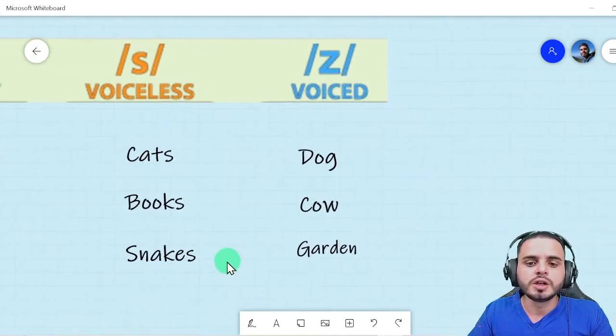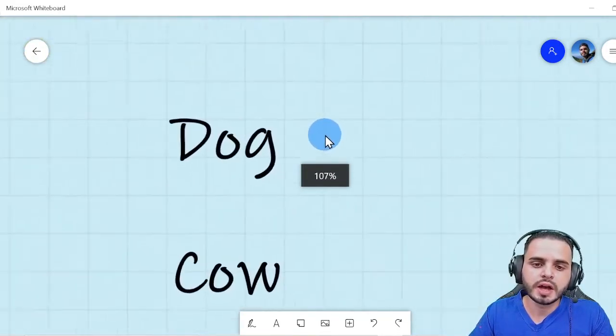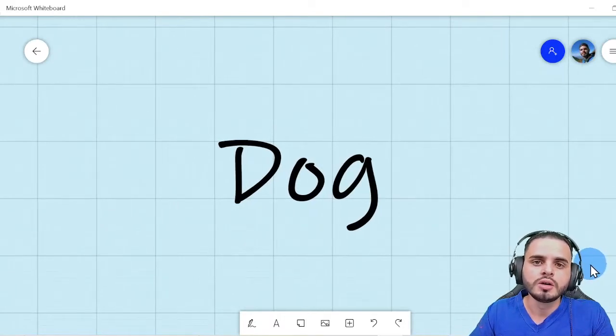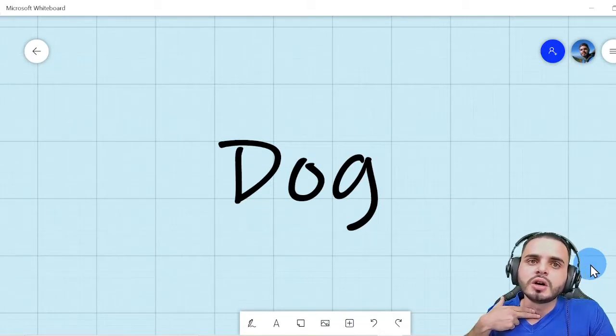So let's move here and we're going to analyze our first word. So we have dog, dog. Now if you put your fingers to your throat again and you say dog, dog, and you repeat only the last sound, then you're going to feel vibration of your vocal cords.